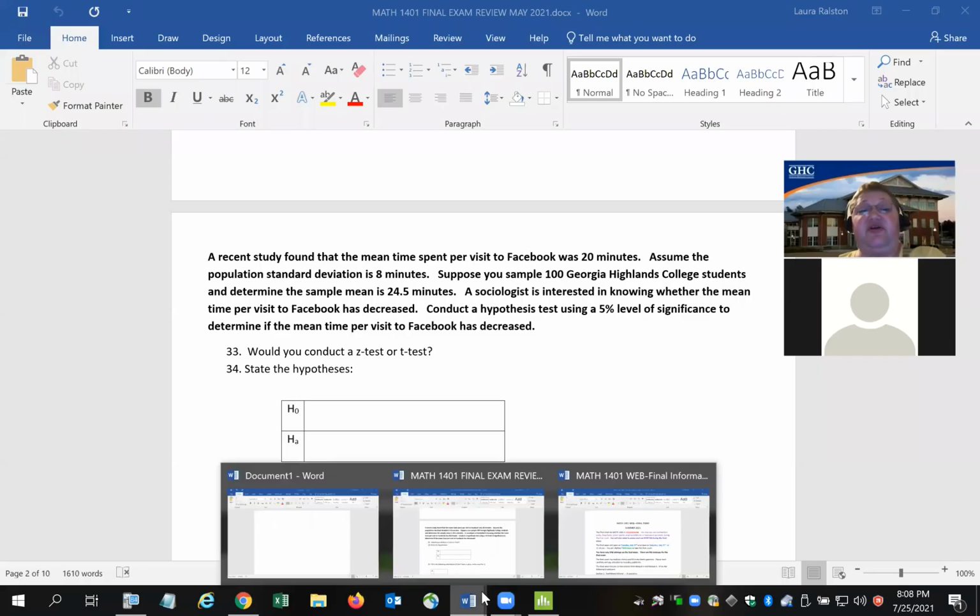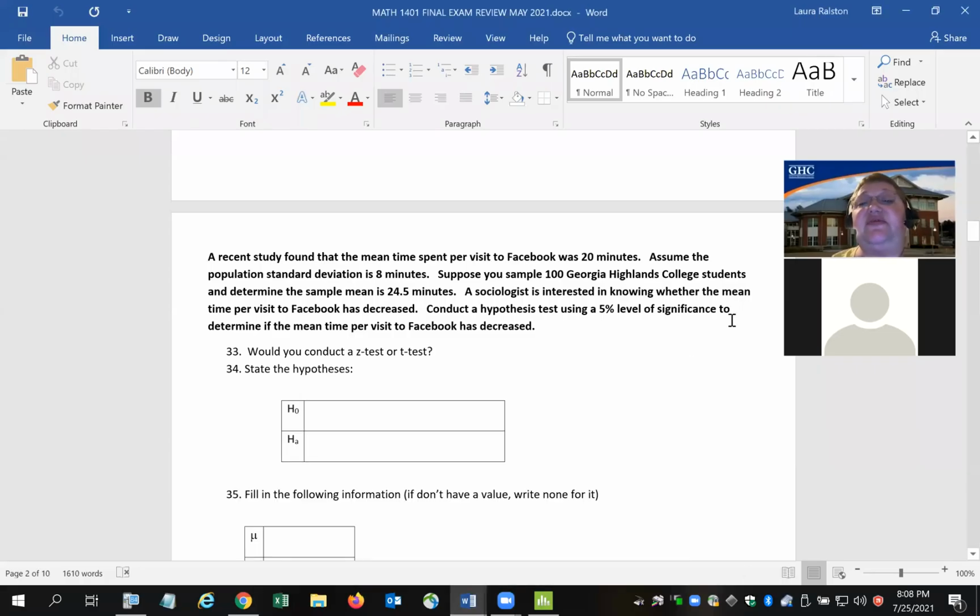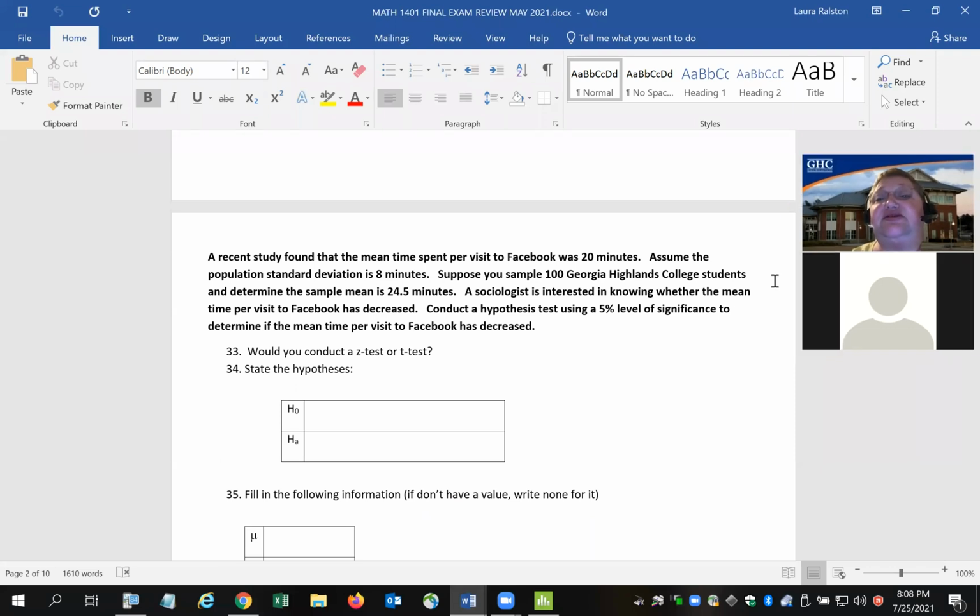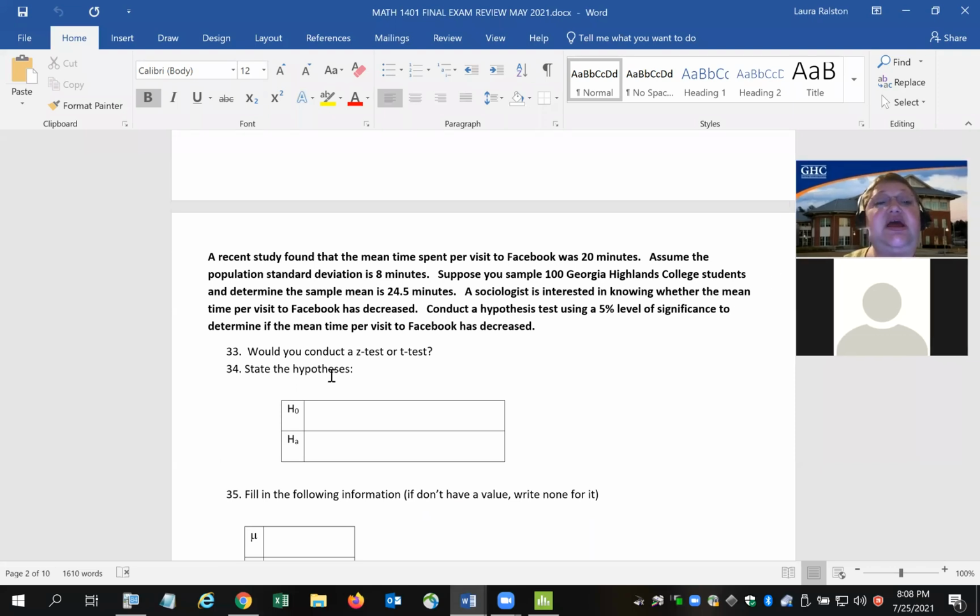I'm looking at the review sheet that was attached to the announcement about this review session. And again, if you look at questions 33 through 40, because the question clearly states the population standard deviation, this would be a 1 mean Z test.